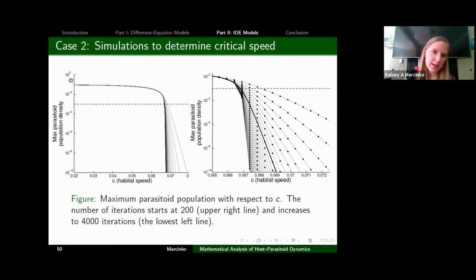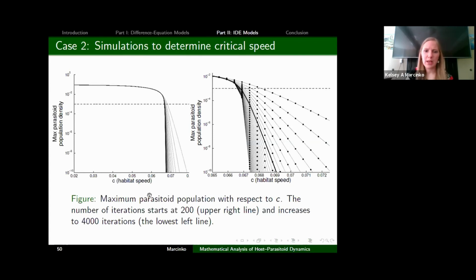So you see that initially for these lower speeds, we can't distinguish, there's no difference between the number of iterations, and we just see the maximum parasitoid population density as kind of is at a particular value independent of the number of iterations. The population density is decreasing until it drops off drastically. And so somewhere in this area is the speed for which the parasitoid population is going to die off asymptotically.